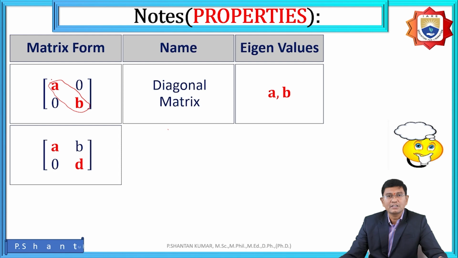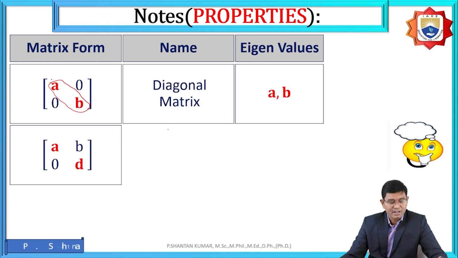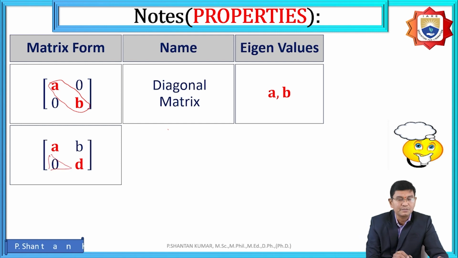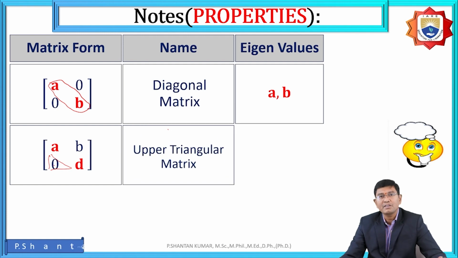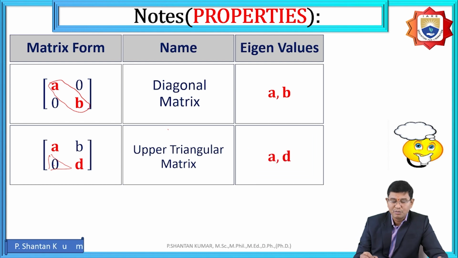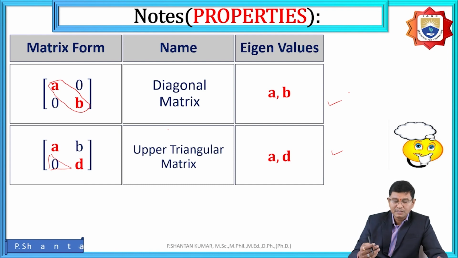Similarly, consider [a b; 0 d]. Observing this 2 by 2 matrix, it is an upper triangular matrix because the elements below the diagonal are 0. The eigenvalues of an upper triangular matrix are also the diagonal elements, here a and d.